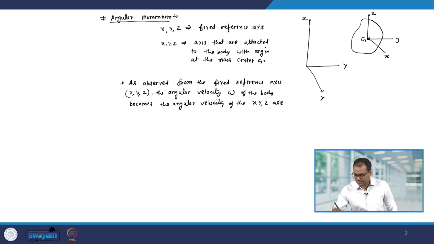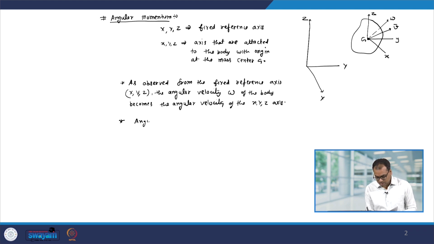So, let us say this rigid body has an angular velocity omega, and it also has a linear velocity, let us say v. So, what is the angular momentum about the mass center G?